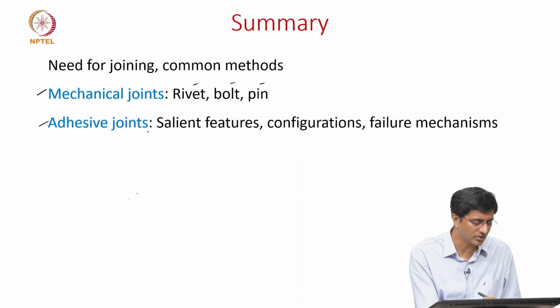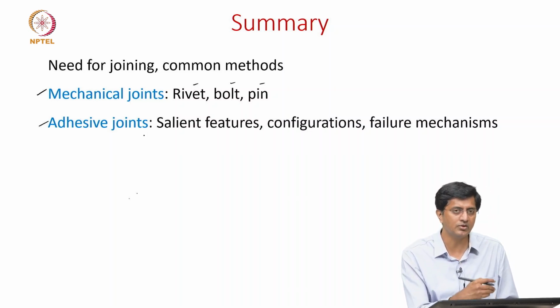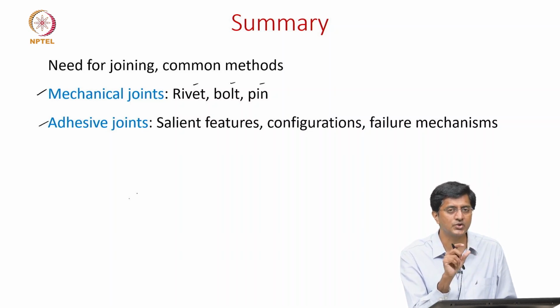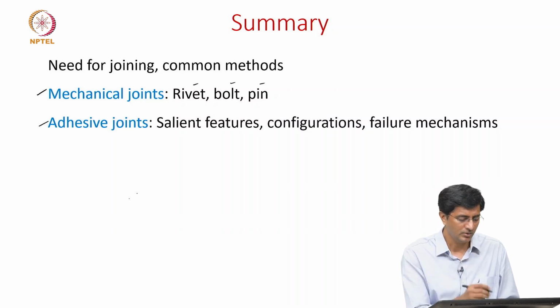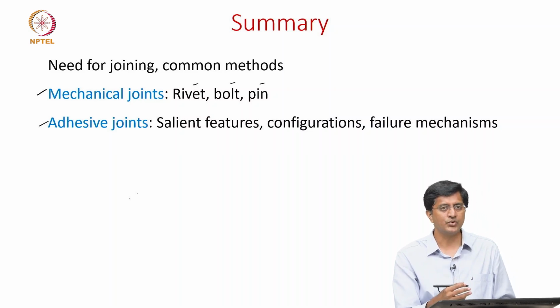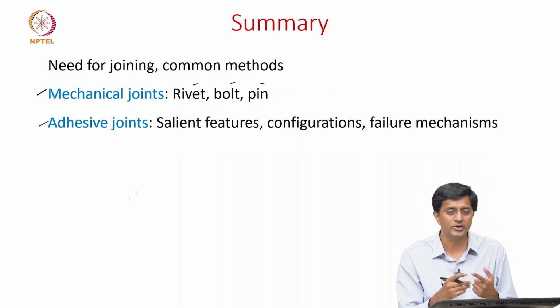Later, when we discussed the adhesive joint, we said it overcomes a few of the disadvantages of mechanical joints. It avoids the stress concentration at the holes as well as compromising the material by drilling a hole. But it too has a few disadvantages, like it has limitations of working at high temperatures and others.